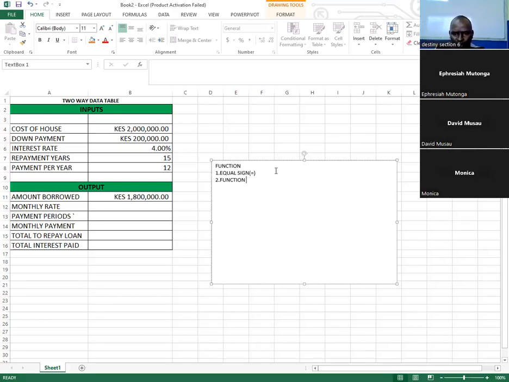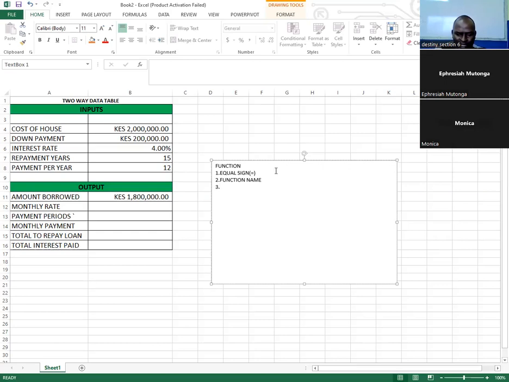That is not negotiable. Whenever you are doing anything with a function, first you need to start with an equal sign, that is 1. Number 2, the function name. And then number 3 is the parenthesis.